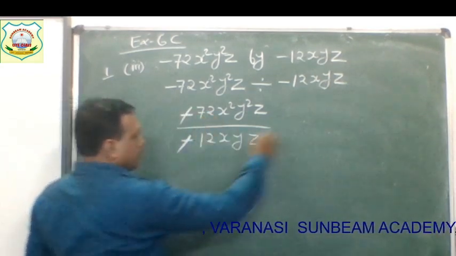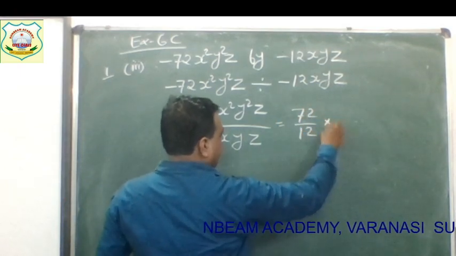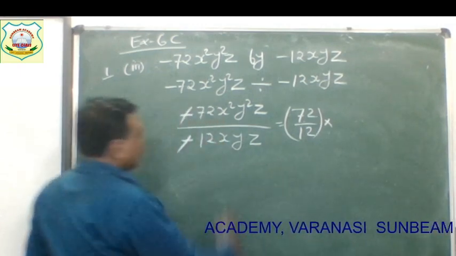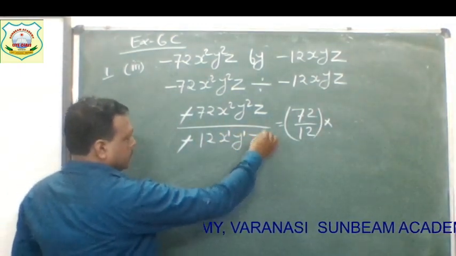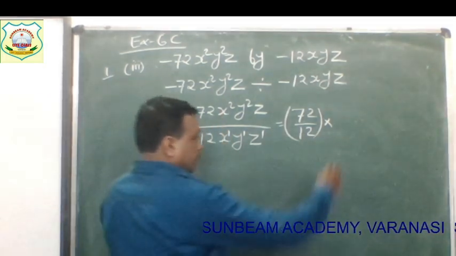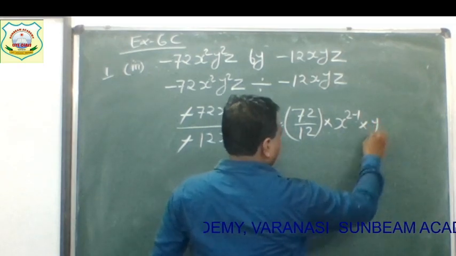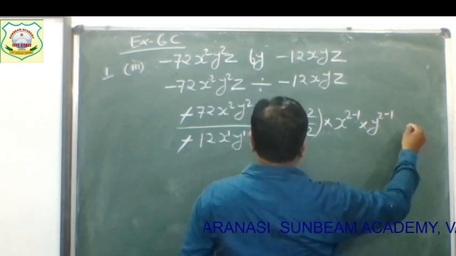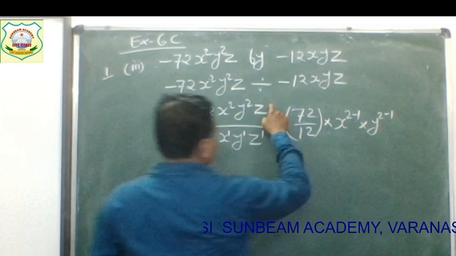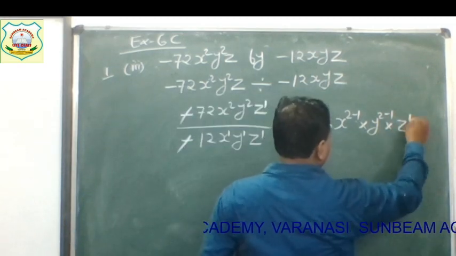Now 72 upon 12, multiply x power 2 minus 1, multiply y power 2 minus 1, and z here is single, that is power 1, so multiply z power 1 minus 1.